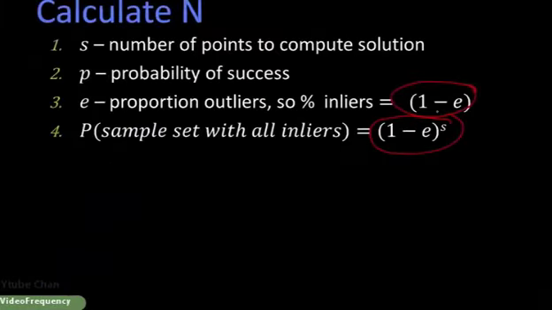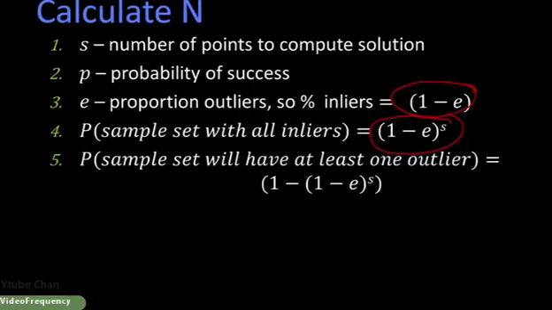It's a pretty good approximation. Okay, so that's the probability that all of the points in the sample I pulled are inliers. So what's the probability that at least one of those is an outlier? Well, 1 minus that. So that's just 1 minus (1 minus E) to the S.